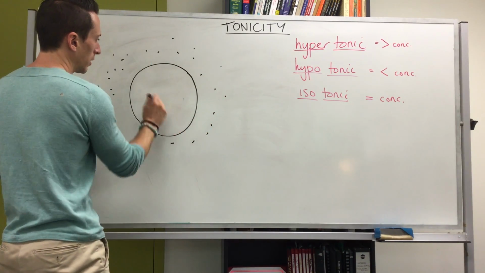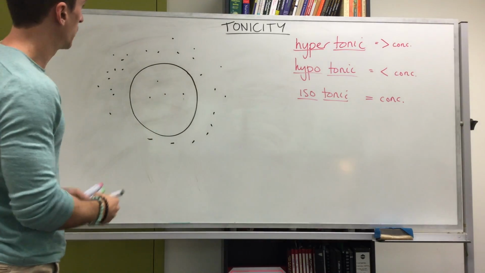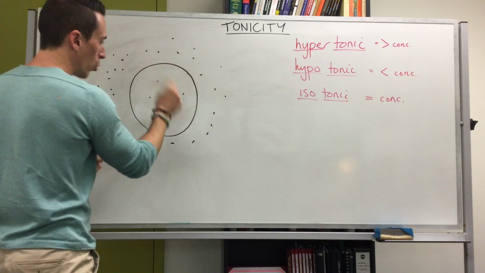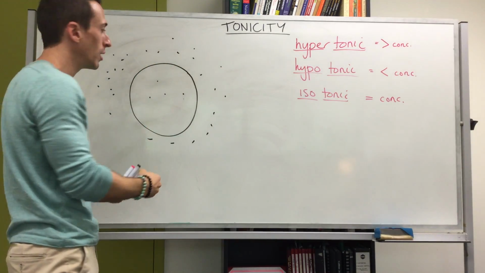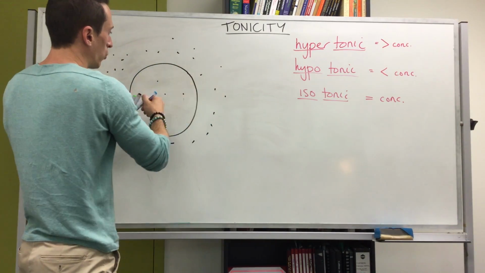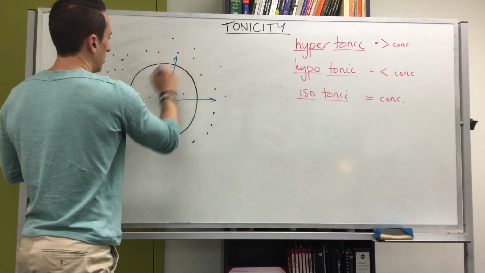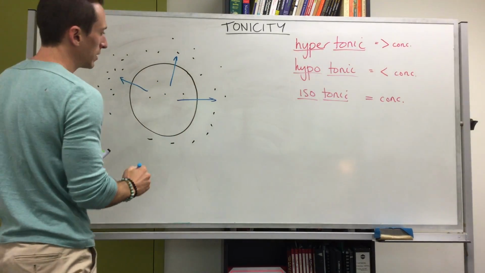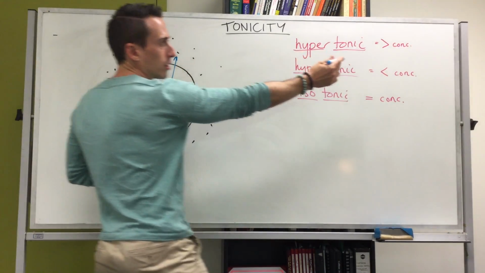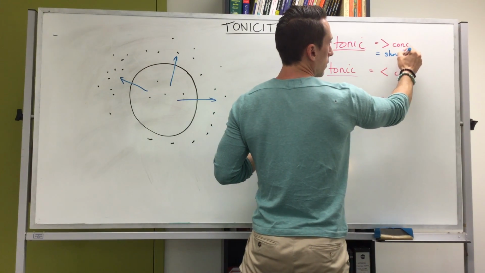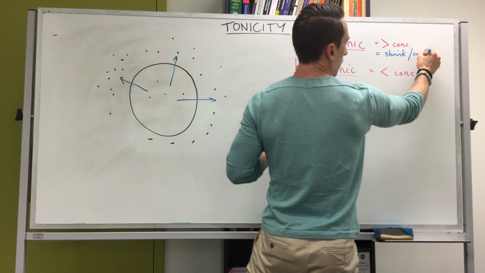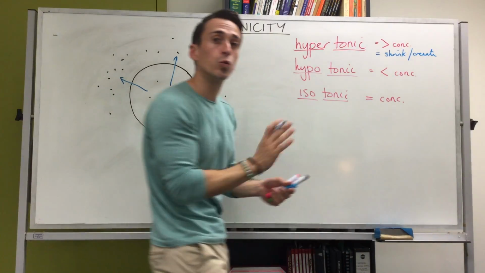You can draw it out like this and go, okay, the solution that's surrounding the cell is more concentrated. That means it has a higher osmotic concentration. It will pull water out towards it to try and balance it out. And then what happens is that in a hypertonic solution, the cell will shrink or crenate because it begins to lose water.